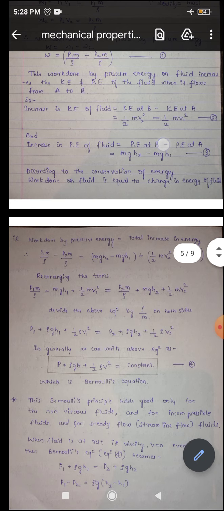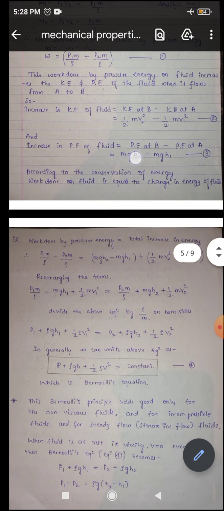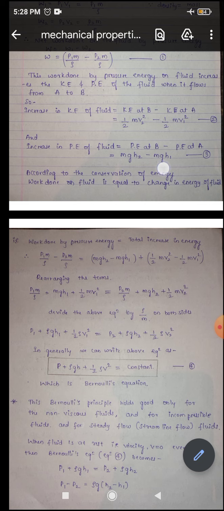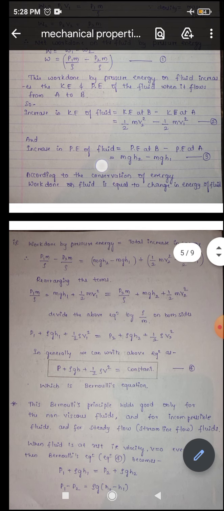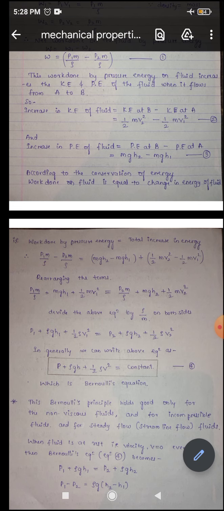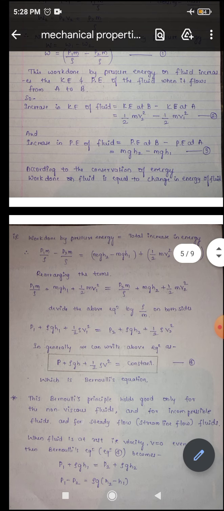So the increase is mgh2 minus mgh1. This is the increase in potential energy of the fluid. Take it as equation number 3.